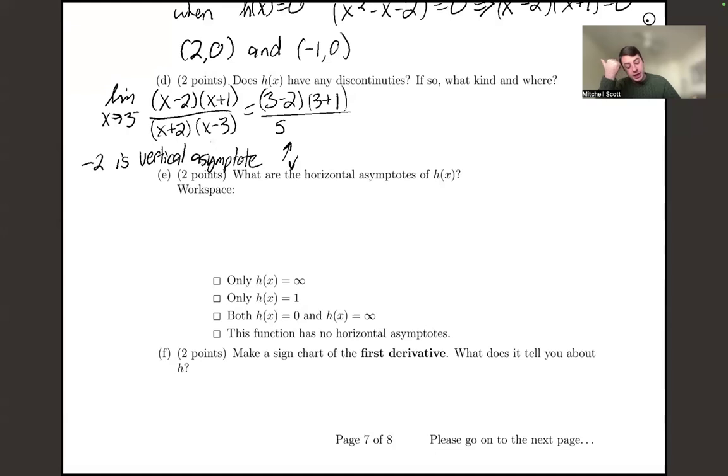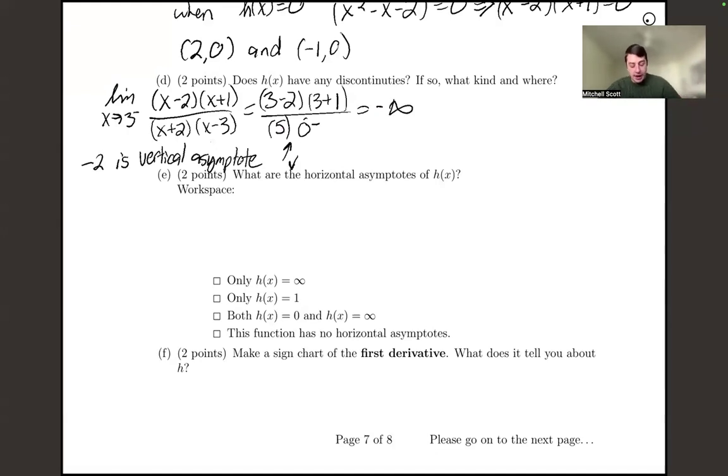And then 3, so a number slightly smaller than 3 minus 3. So that's going to be a very small negative number, which I'm going to denote 0 minus, right? And then, so this is a positive times a positive over a negative, right?